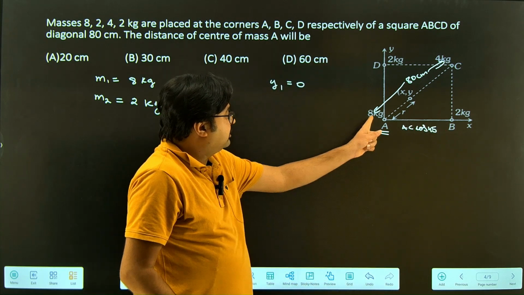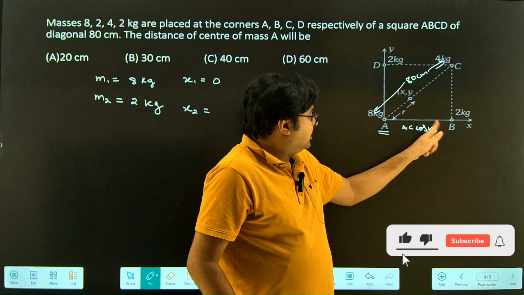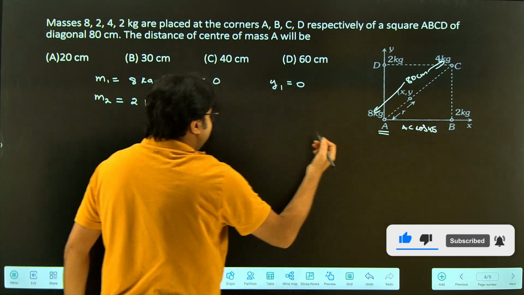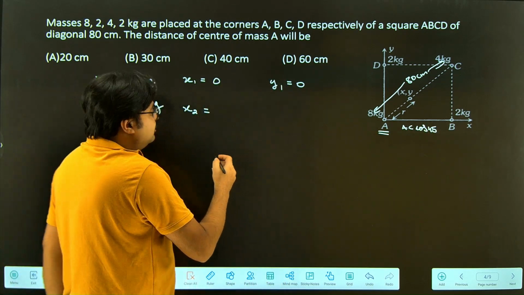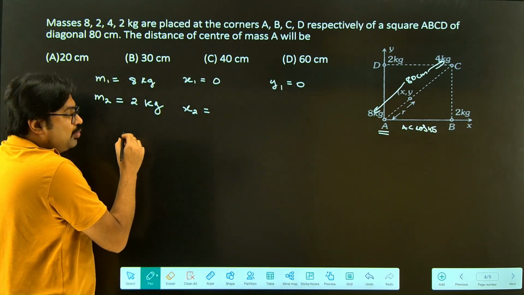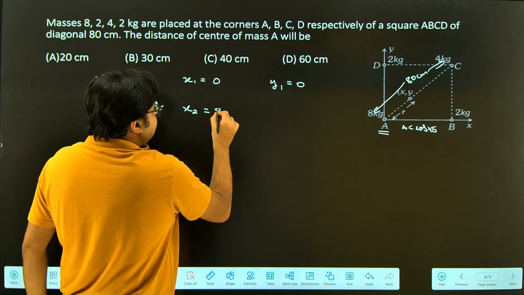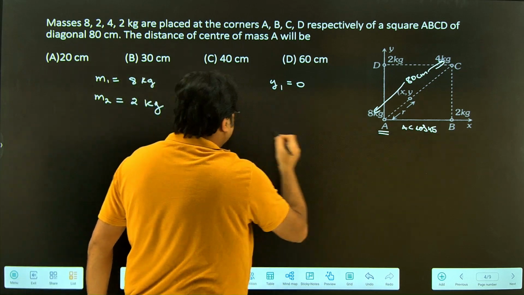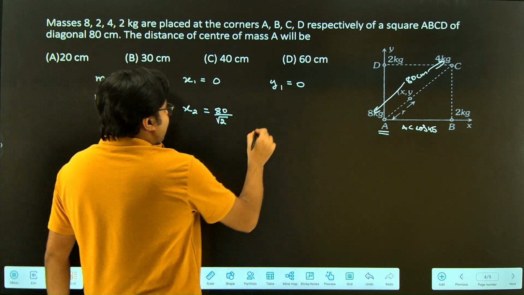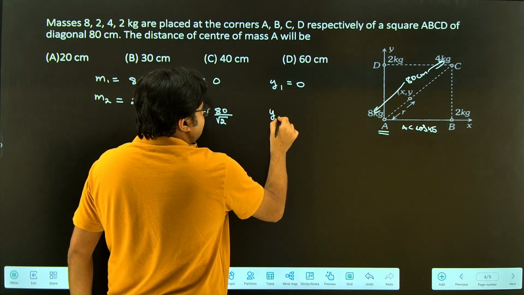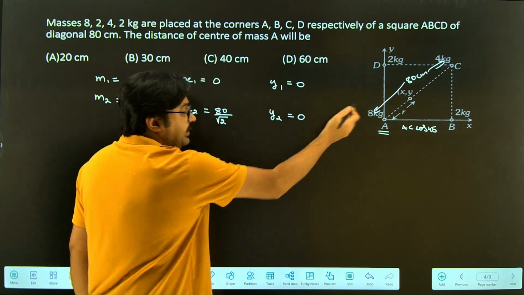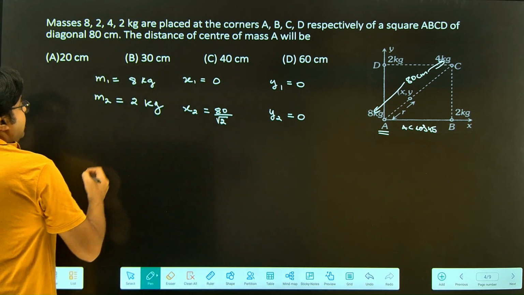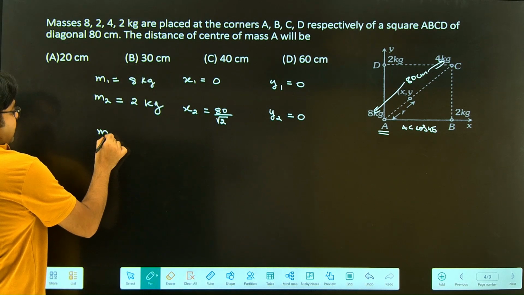AC is 80 centimeter, that's the diagonal. So cos 45 is 1 by root 2. You can simply write this distance AB, which is the coordinate of the particle at B weighing 2 kg, as 80 divided by root 2, because cos 45 is 1 by root 2. Y1 is 0, Y2 is 0 because it is on the x-axis and the y coordinate of such a point would be 0.